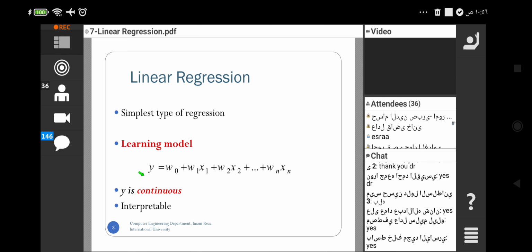So the learning model is a linear learning model. It is similar to the learning model that we have in the perceptron classifier.